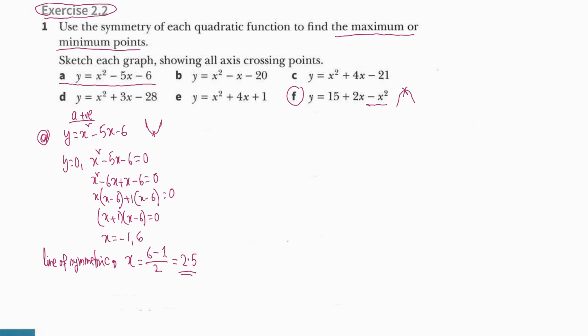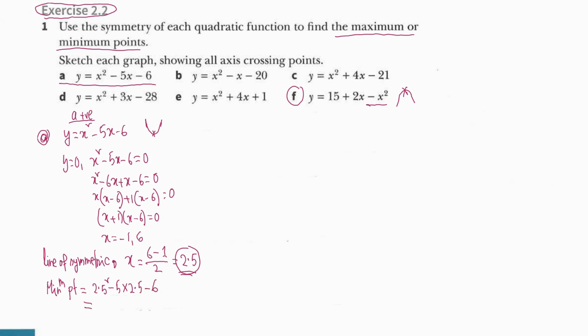This is the curve which has a minimum point, so I am going to find the minimum point by using the line of symmetry. We put this value in our main equation: 2.5 squared minus 5 times 2.5 minus 6.